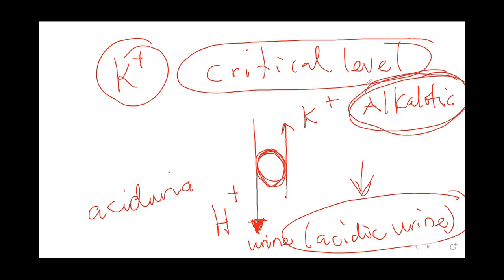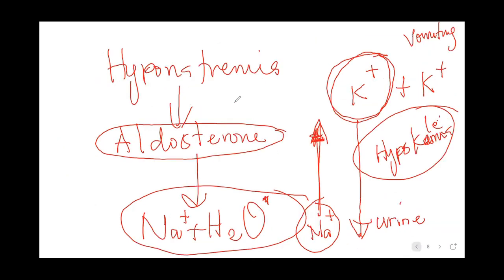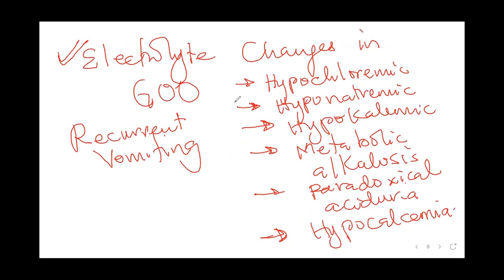Alkalotic patient excreting acidic urine. So this is paradoxical. So they have paradoxical aciduria. So let's go back. Patient has hypochloremic, hyponatremic, hypokalemic, metabolic alkalosis, paradoxical aciduria.